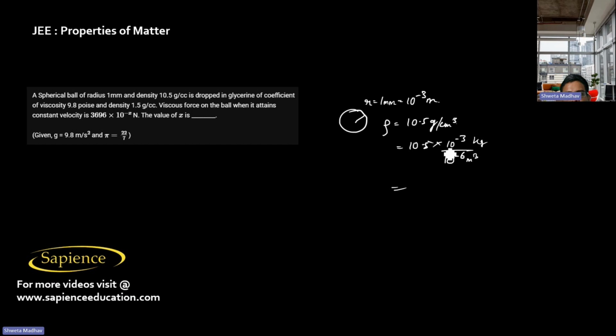So this will be 10.5 into 10 power 3 kg per meter cube, is dropped in glycerin of coefficient of viscosity 9.8 poise.